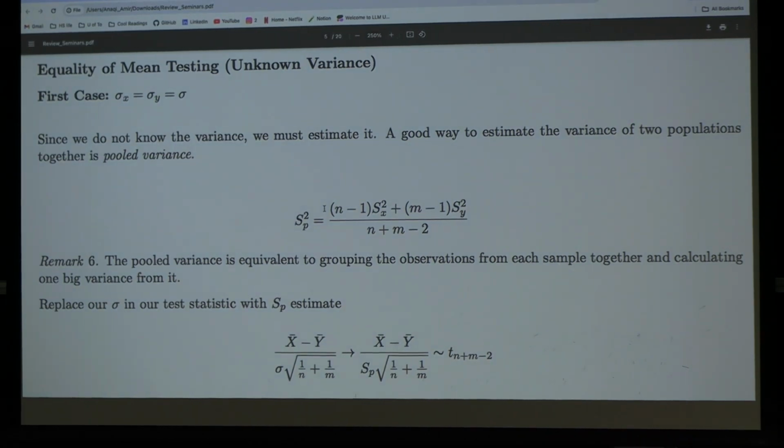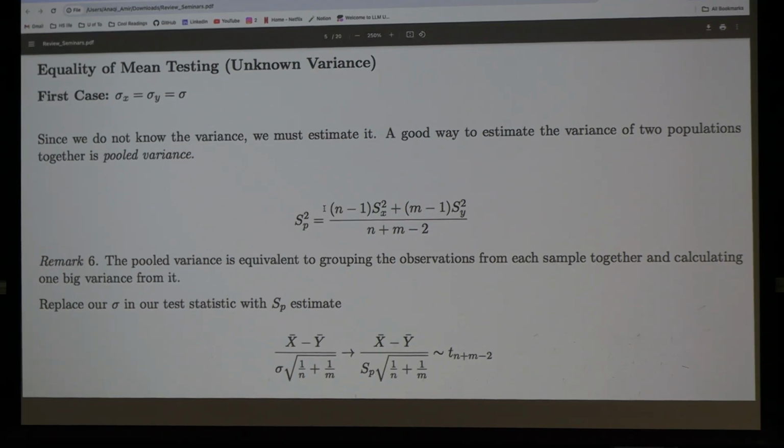Why is it t-distributed now? Because the normal distribution relies on the fact that the only two things we're estimating are our sample means. And so using that, we can use the linear combinations of normal distributions rule and claim that our test statistic is normally distributed. But now, once we're estimating the pooled sample variance, we now have one extra thing that we are estimating.